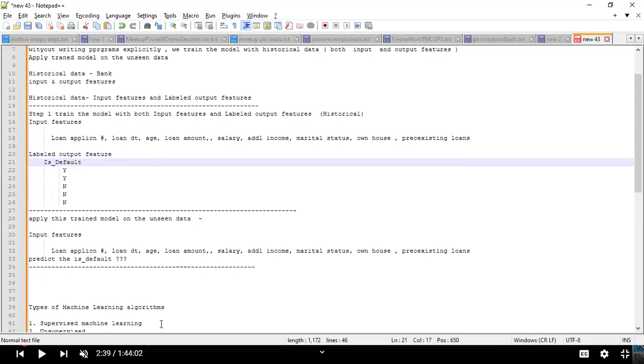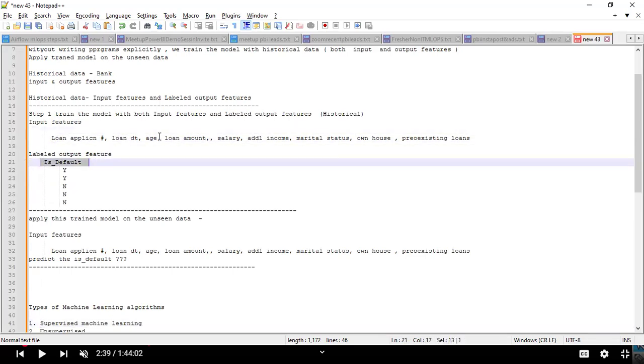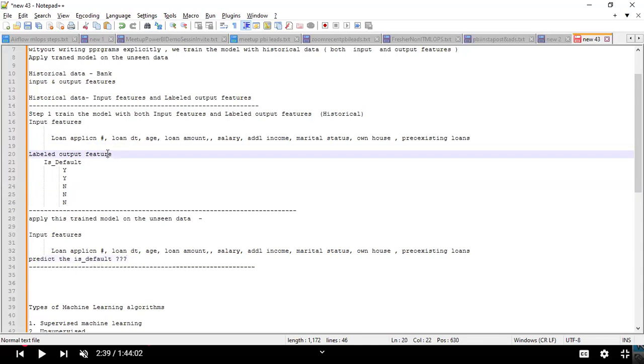Because this algorithm is supervised by the data scientist. You are giving the question and the answer also to the model. Based on the question and answer, the model gets trained, understands the patterns, and then applies this pattern on unseen data. You are training the model with both input and labeled output feature, hence it is called supervised.